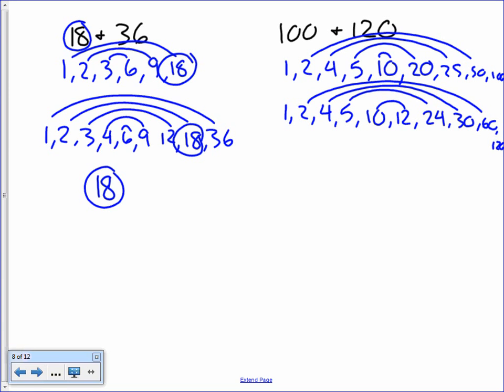Okay, so the biggest one, and I actually think I'm missing one here. I should have a 20. Yeah, 20 and 6 should be in there too. So 6 and 20. Because actually, if you look at these, the biggest one in each is 20. So 20 is the greatest common factor for that one.